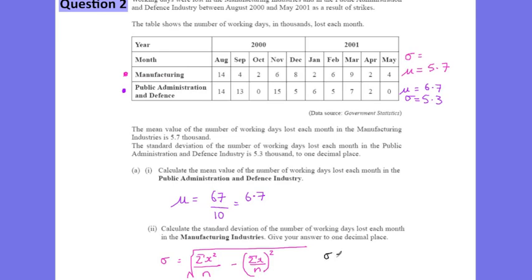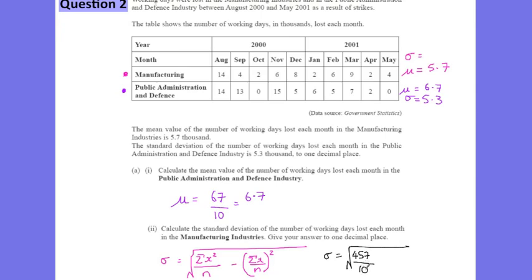Our standard deviation is equal to the square root of 457. How? Square 14, square 4, square 2, add, square all the numbers, add them up, and you get 457. Divide by how many numbers? We have 10 numbers.